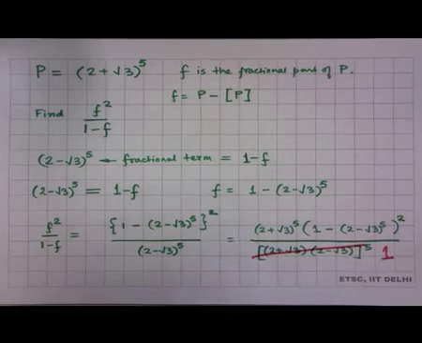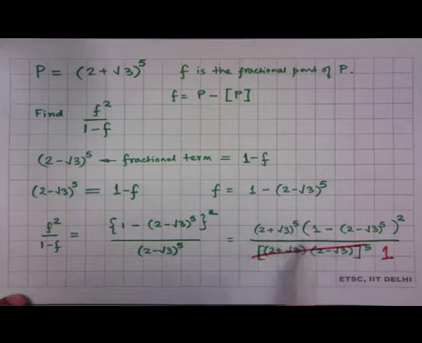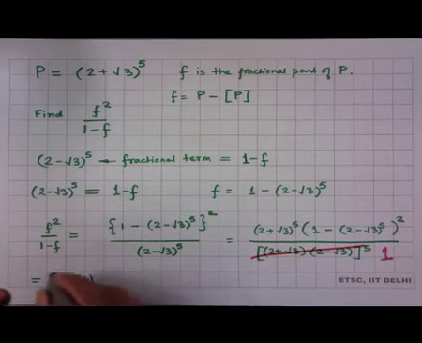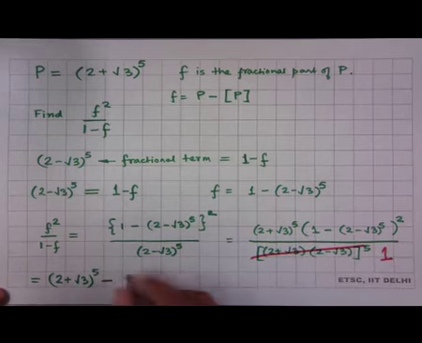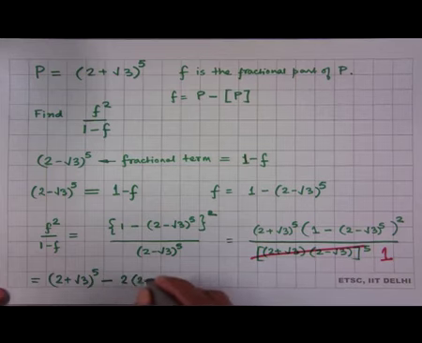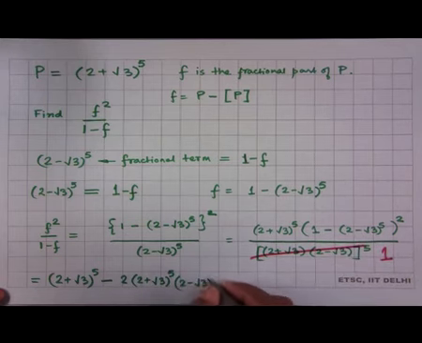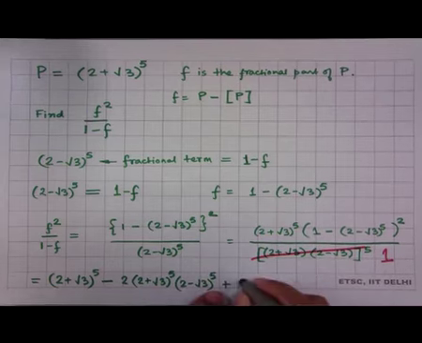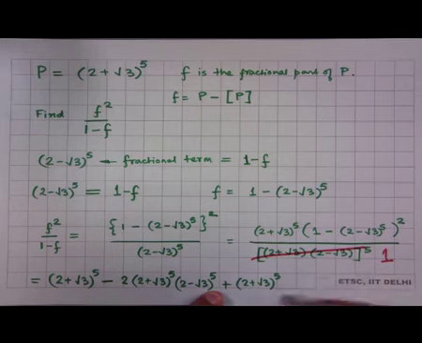So, you do not have to worry about the denominator, and in the numerator you have got (2 plus root 3) whole power 5 into 1 minus 2 into (2 plus root 3) whole power 5 into (2 minus root 3) whole power 5, and then plus (2 plus root 3) whole power 5 into (2 minus root 3) whole power 10.